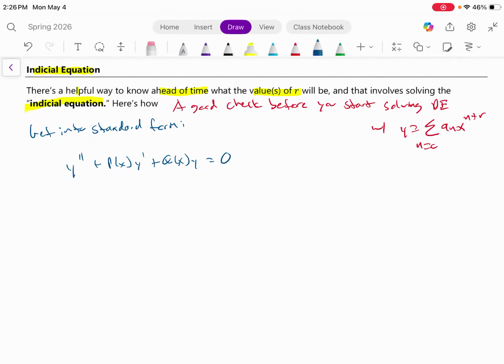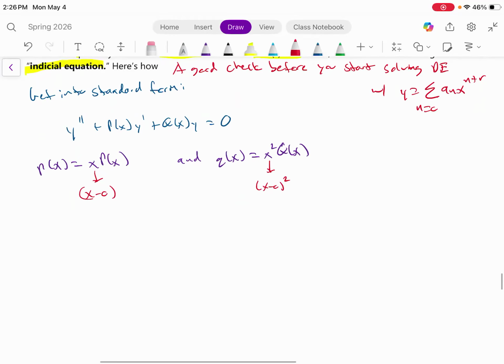Little p of x is x times capital P of x, and little q of x is x squared times capital Q of x. Here x means x minus 0, and x squared means x minus 0 squared, because we're centered about the regular singular point x equals 0 here. It's the same thing that relates to the regular, irregular singular point check.